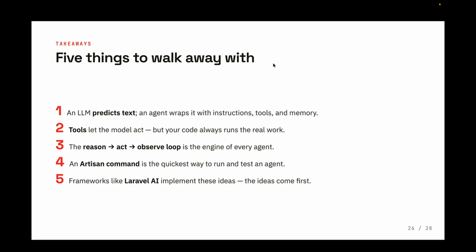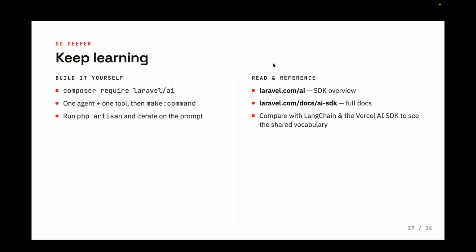That loop is just gonna happen over and over until you finally get to your goal. We use an artisan command as a quick turnaround, a way to test our agent so that ultimately we can use them in controllers, background jobs, anywhere we need that intelligent result, we can use it somewhere else. And yeah, we're using frameworks like Laravel AI to implement these ideas so that we can do some cool things in a real working application.